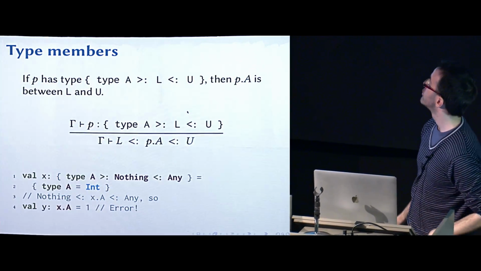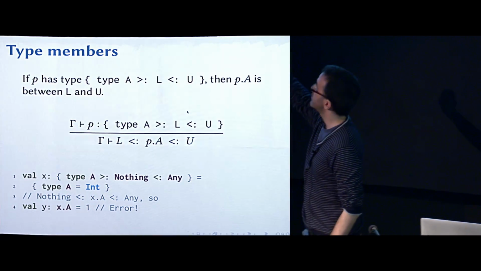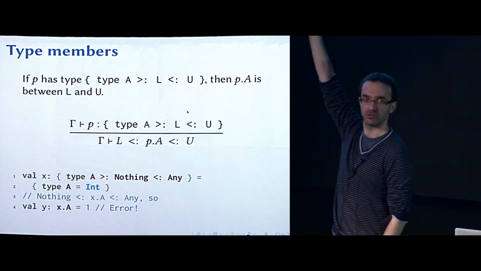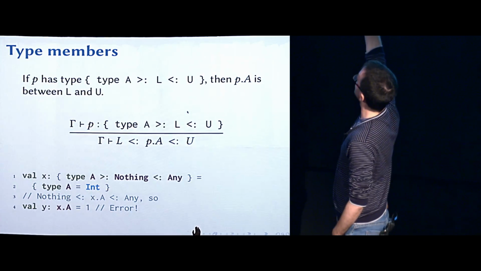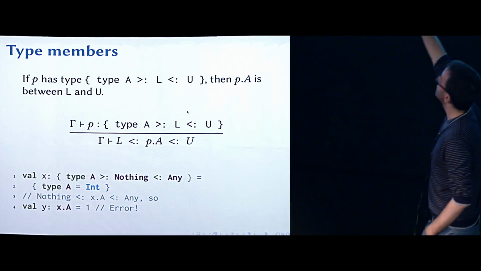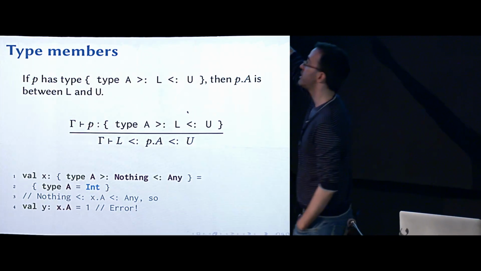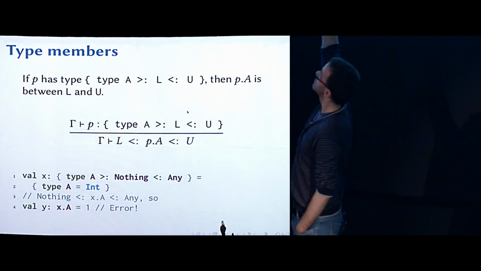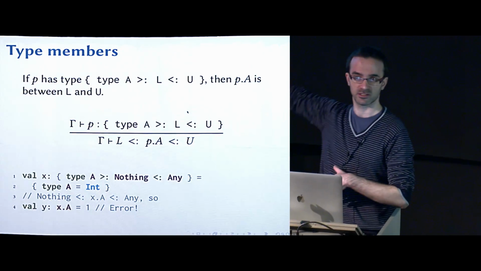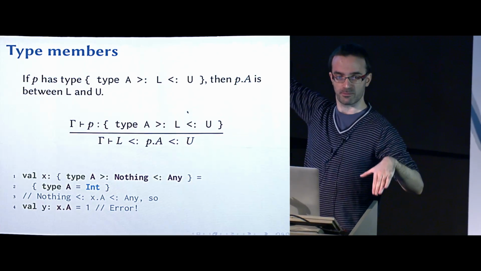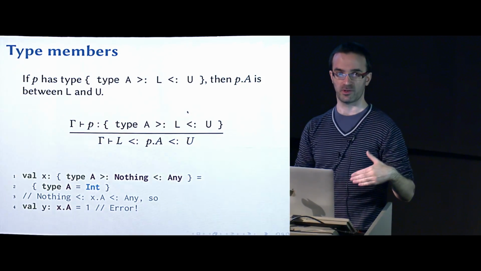So what we can say is that, if p, this is slightly complicated notation, but this shows what we can deduce in a type checker. I'm not going to explain the full notation, but if for path p we know that it has a type member A between L and U, and then we select p.A, this is going to be a type between the lower bound L and the upper bound U. So this is the main typing rule about type members, and this is also what allows us to support definitions.